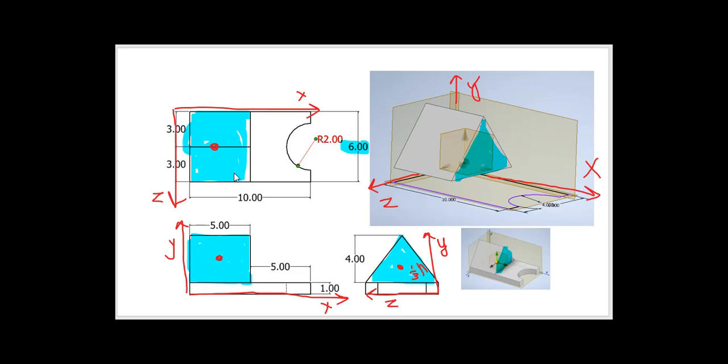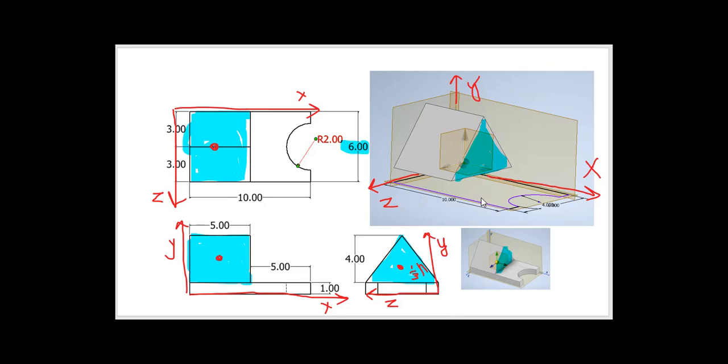Okay, so if we're going to try and find where the centroid of this triangle is in the XYZ direction, in the x direction, we can look at this 5 dimension, and we can see we're halfway through the 5, so in the x direction it's going to be 2.5. And then in the z direction, we're coming halfway through the 6, so we're going to be at 3 in the z direction. And in the y direction, this is where we have to be careful.